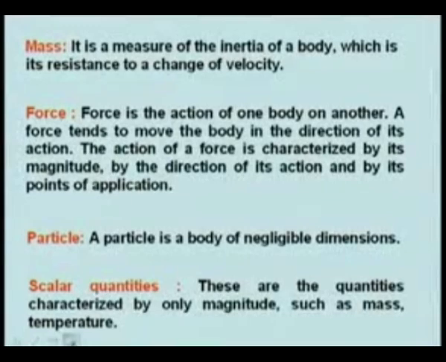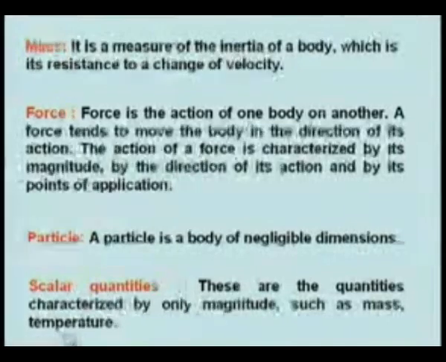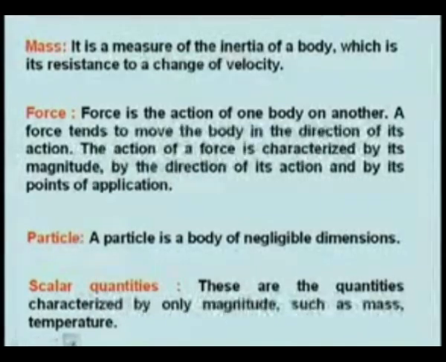Particle. We use the term particle again and again in dynamics. A particle is a body of negligible dimensions. A particle has a mass, but it does not have dimension.